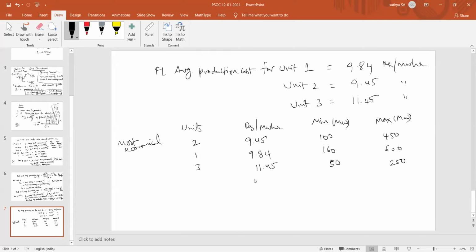If there is any mention of startup cost, we can take it as a negligible value, then this scheme should be followed for various loads. Now we need to check for various loads.